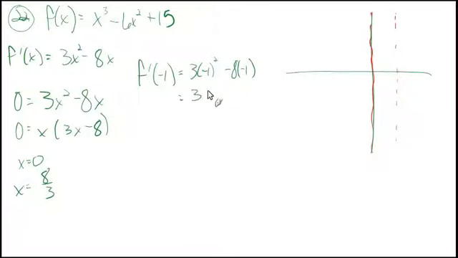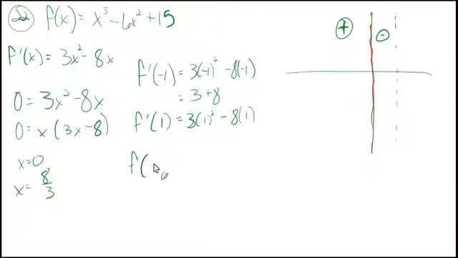So this is 3 plus 8. This is positive right here, increasing, right? And then f prime of something over here between 0 and 8/3, 8/3 being between 2 and 3, so how about 1? 1 is nice and manageable. So 3 times 1 squared minus 8 times 1. This is going to be 3 minus 8. That's going to be negative.